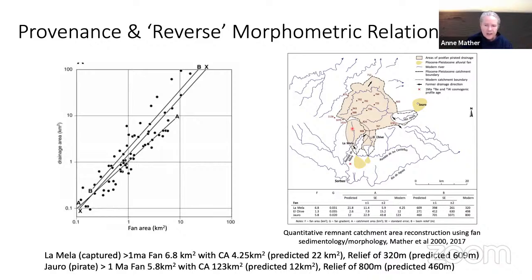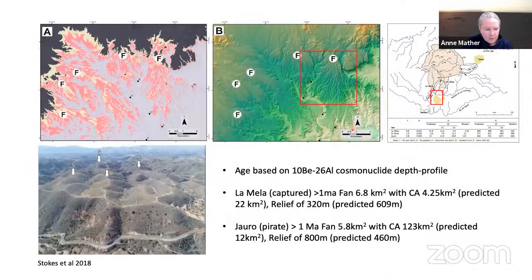This shows you examples of the sorts of things that we could use. This is from the paper in 2018, and you can see the remnants of those fans are preserved. You see it lovely here, this is the Lamella fan in the digital elevation model, and there are a whole series of other remnant fans as well, which we haven't worked on. Here's the Lamella fan, which is this one over here.